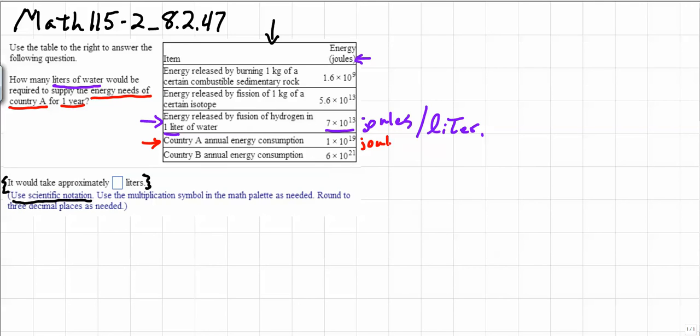So this is just a simple conversion, and we're going to take country A energy consumption, and we're going to divide that by the energy released.